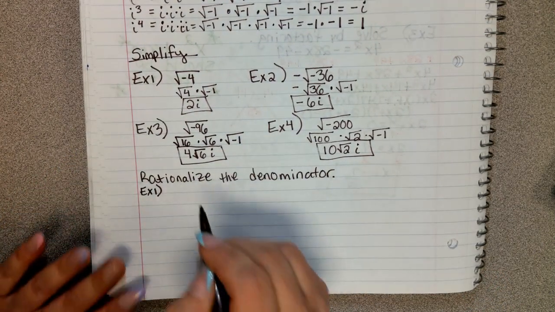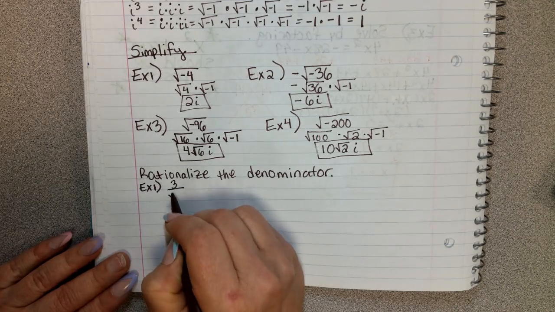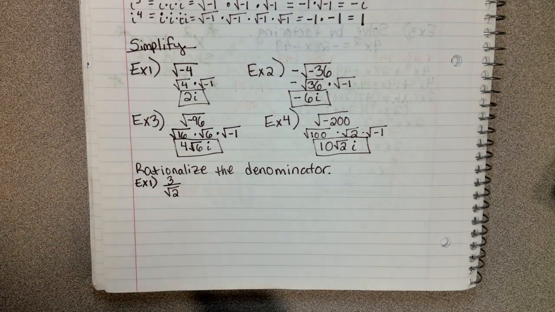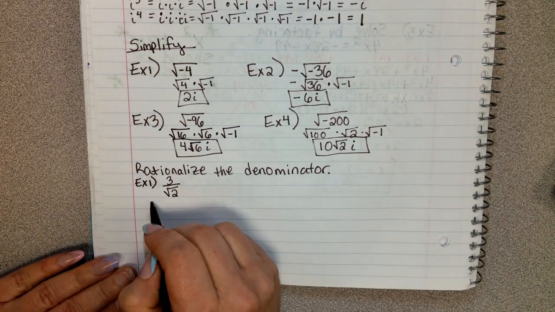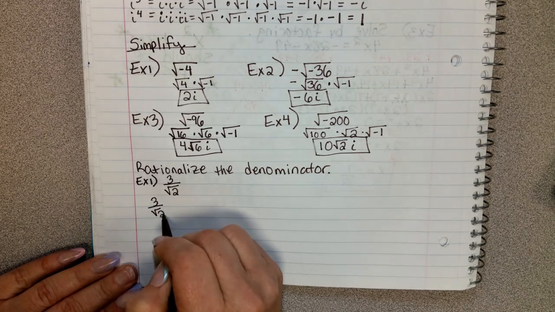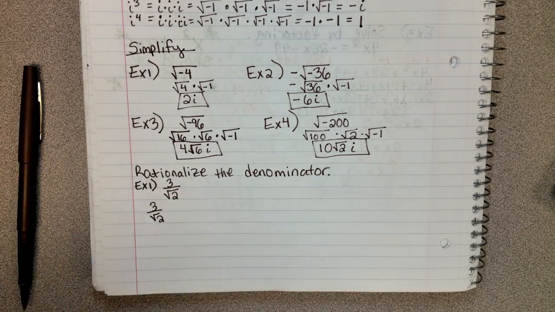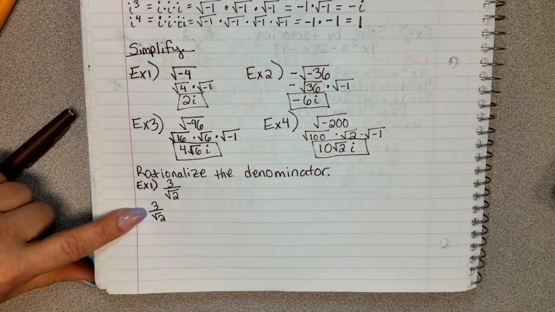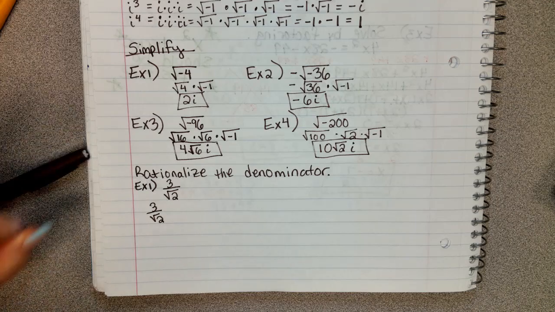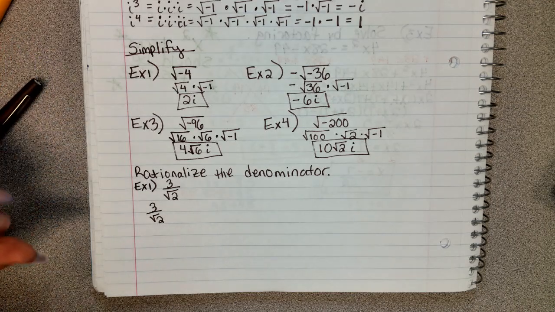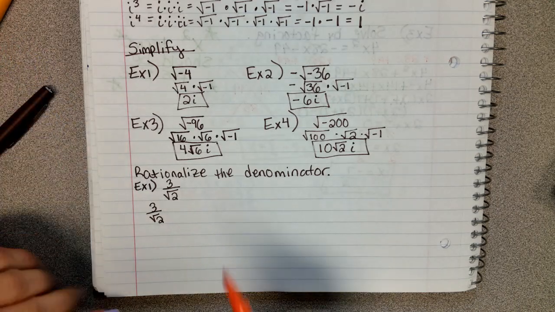So, for example, we have 3 over the square root of 2. Well, what I would do with that is take 3 over the square root of 2. Now, I want to get this square root out of the denominator without actually changing the value of my fraction. So I'm going to multiply this by 1, because multiplying by 1 does not change the value. But I'm going to write that number 1 very strategically.